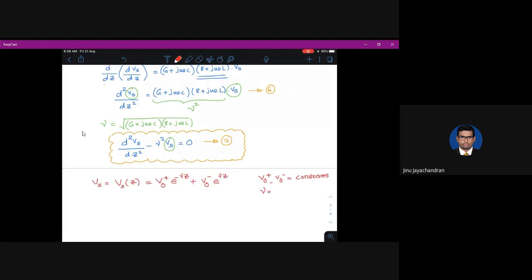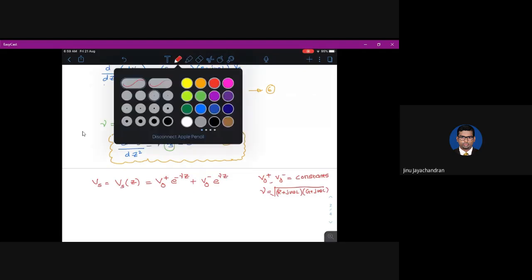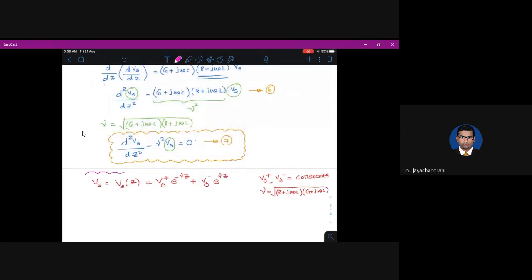Gamma is equal to root over (R plus j omega L) into (G plus j omega C). This is our solution to equation number 7.